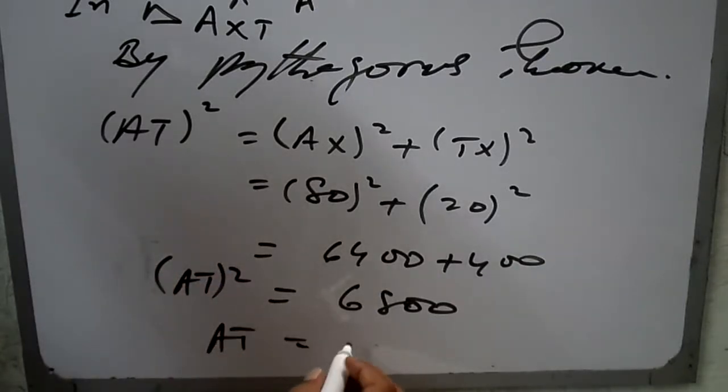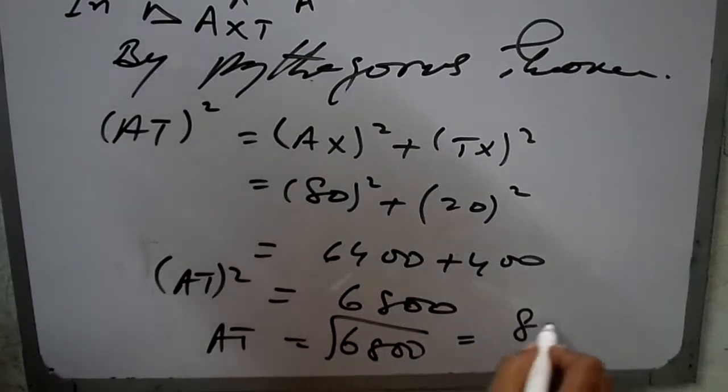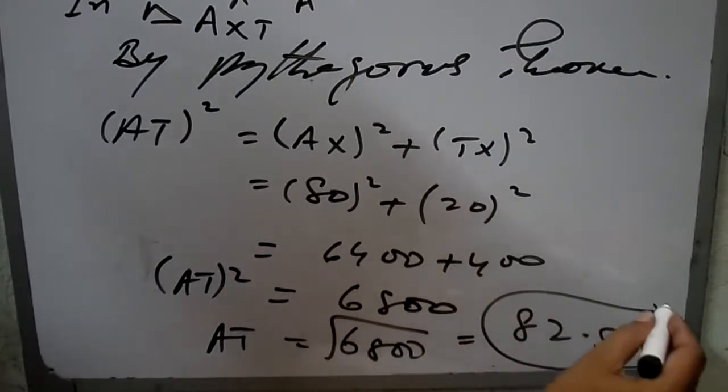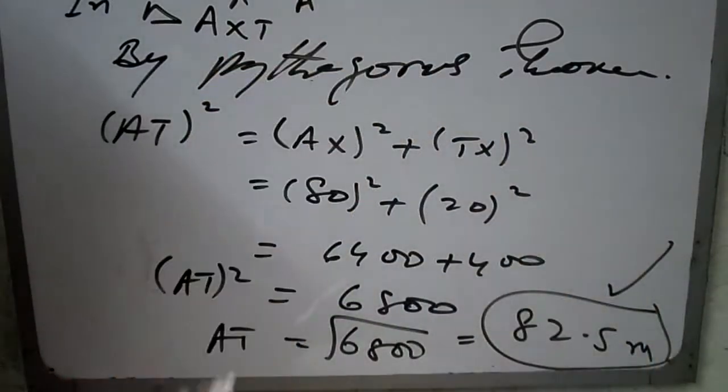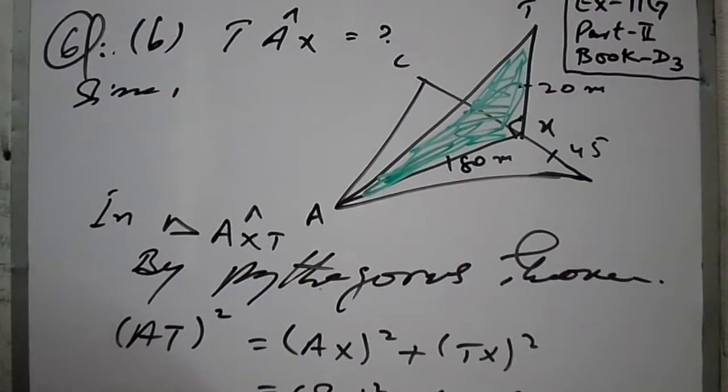So taking square root, you will get 82.5 meters. So we have used this value in previous steps. I hope that it would be very much helpful to you.